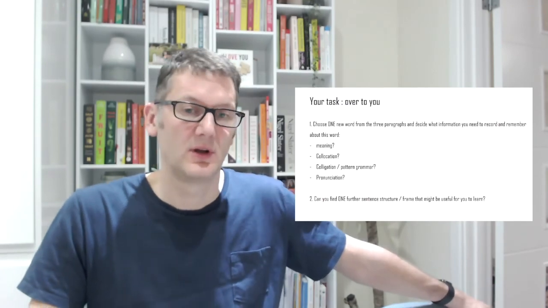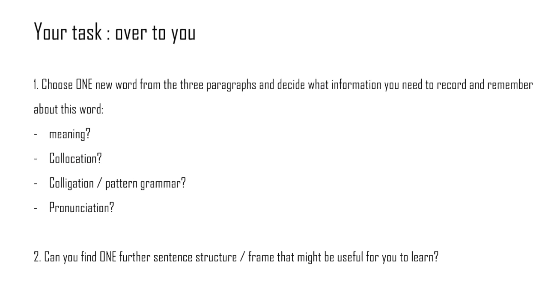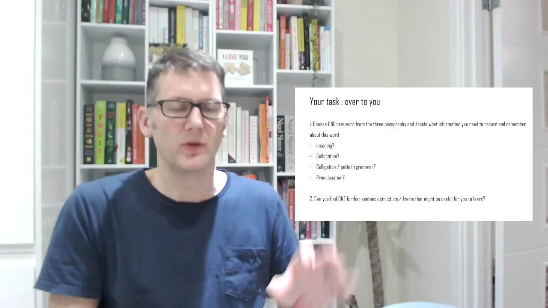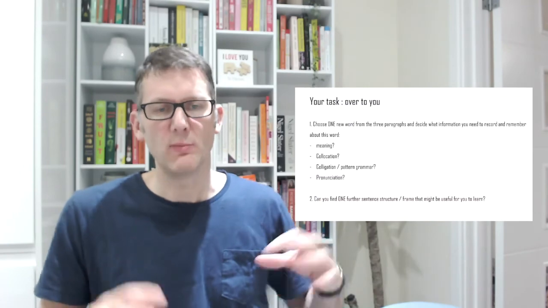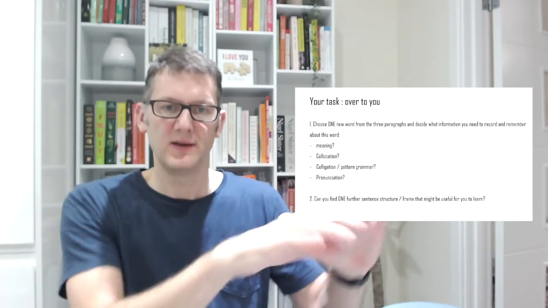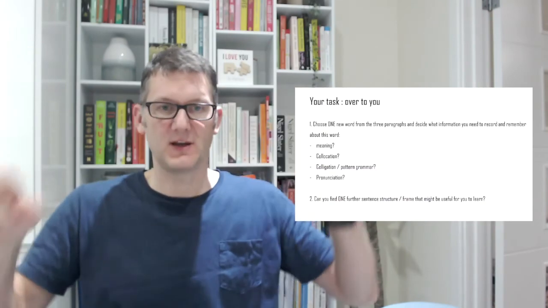Second task, can you find one further sentence structure or a sentence frame that might be useful for you to learn? So the example I gave earlier about "there are three reasons," colon, and then the three reasons, we might talk about that as a sentence frame, because after the word "reasons," there was still a lot more text, but it gave us the beginning and the end of the sentence like a picture frame.